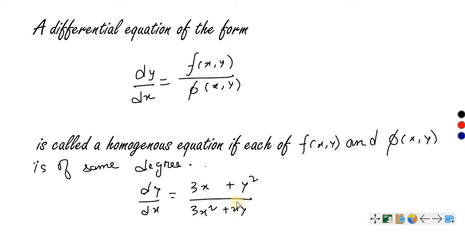Here the degree is 1 plus 1, that is 2. So the upper function and the lower function do not have the same degree, so this is not a homogeneous equation. That is what I mean by the same degree of the function f of x y and the function phi of x y. I hope this is clear to you.